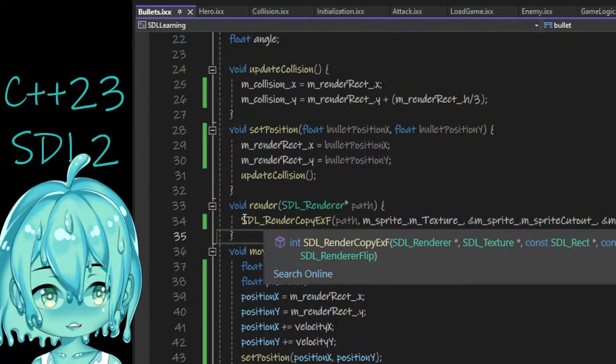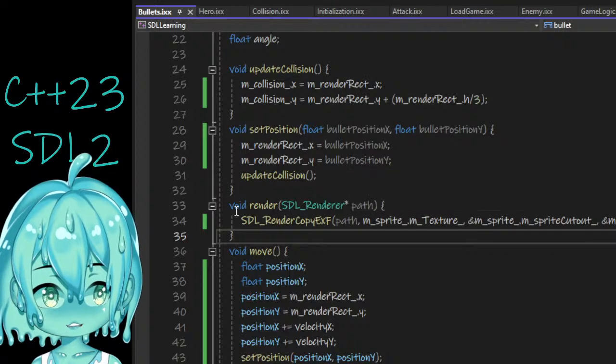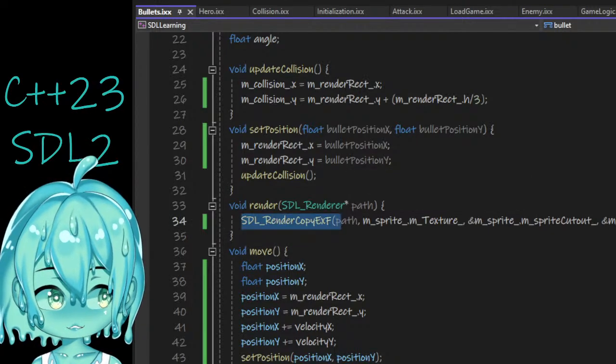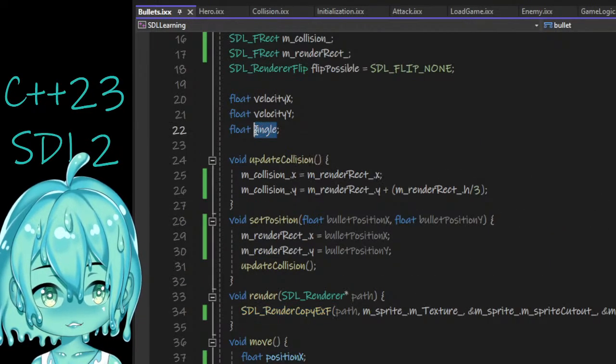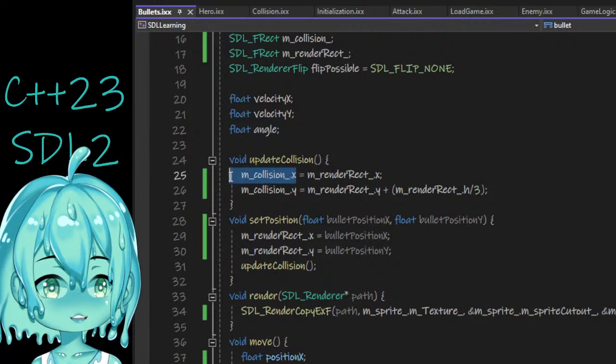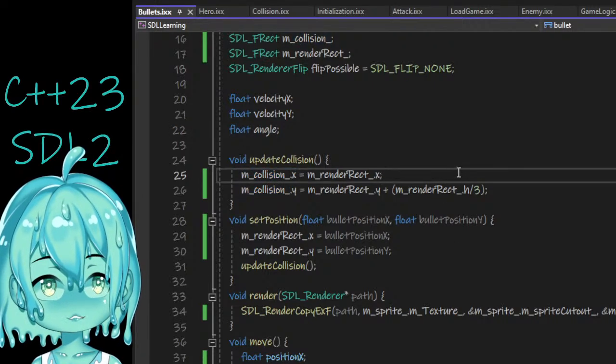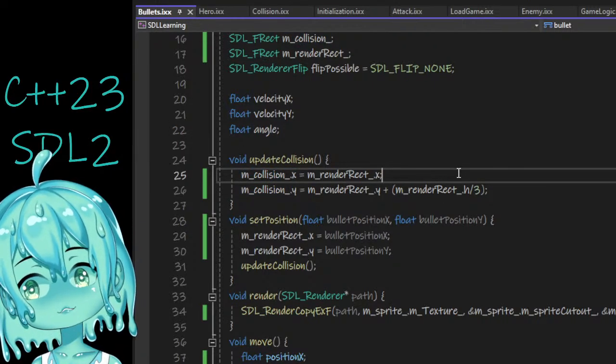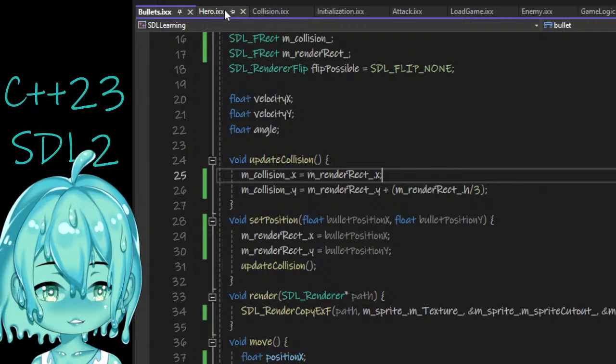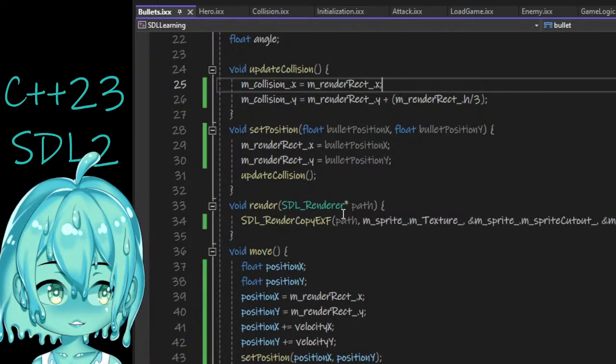So how do I apply this render angle, which is this angle here, to the collision box? X and Y val. Oh no, it's worse. It's even worse than that, I think.